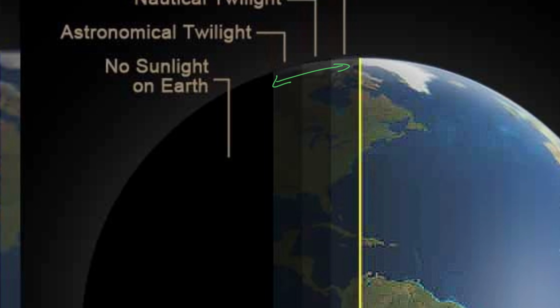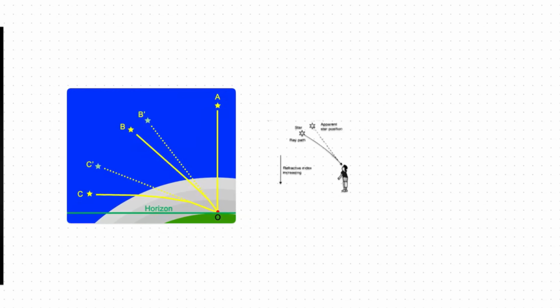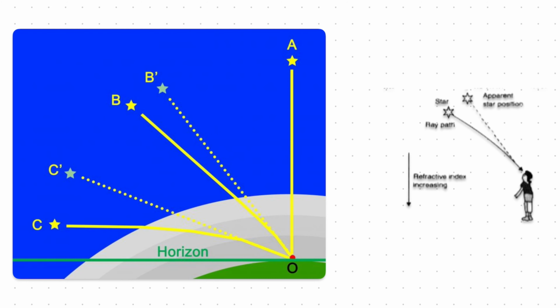Now why does it happen? We all know our Earth has a very dense atmosphere, right? Where all the gases are present like nitrogen, oxygen, carbon and all other gases. So due to this dense atmosphere, scattering of light and refraction occur.